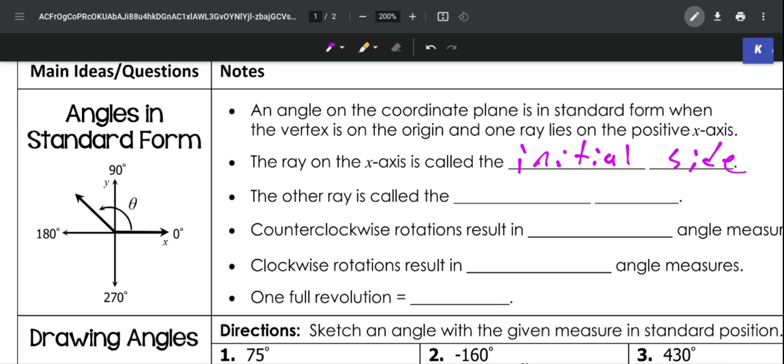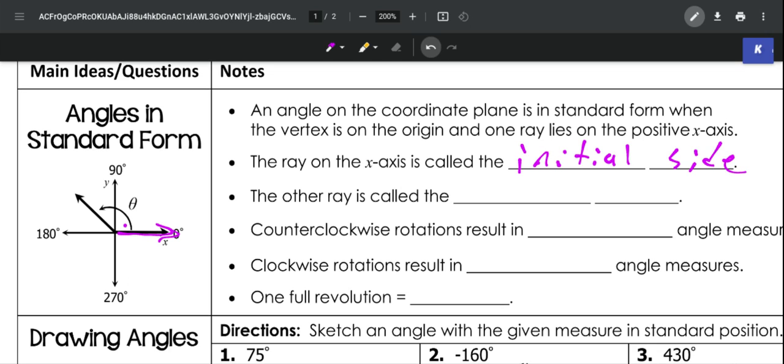That's like its start point, because we're acting like we're starting at this initial side and then we're moving this ray here, opening up or closing it, whatever you want to use there. That one's the one that's actually doing the movement, but this initial side just stays.